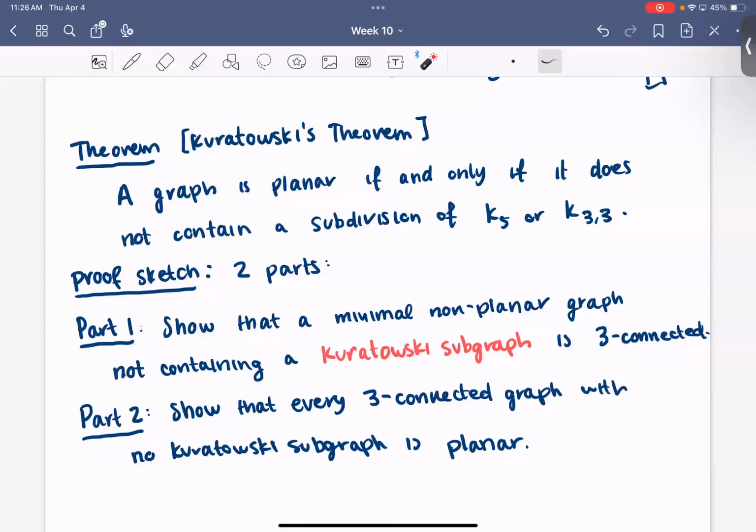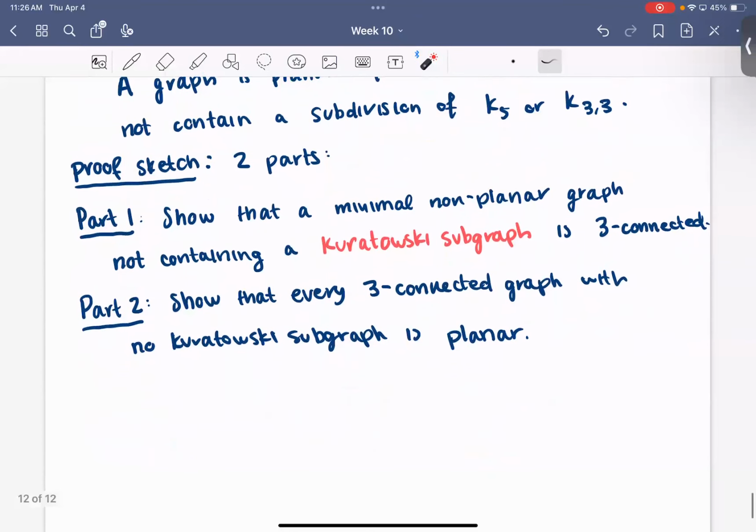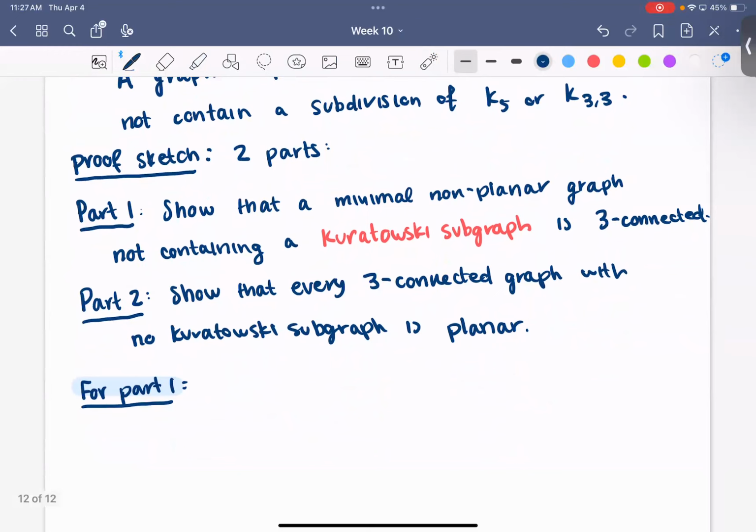So for the first part, here are the steps. There's one lemma. We want to prove that a minimal non-planar graph not containing a Kuratowski subgraph is 3-connected.